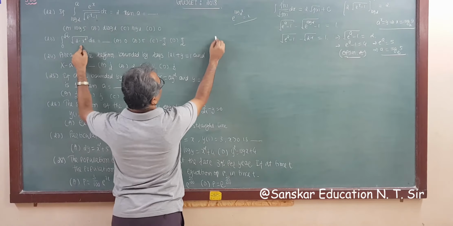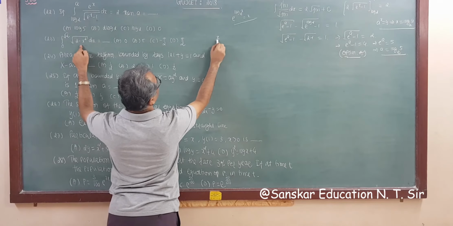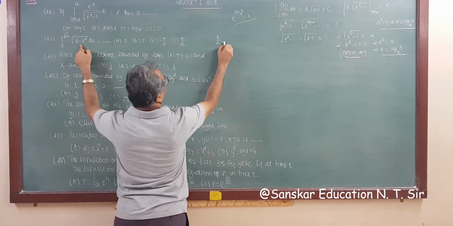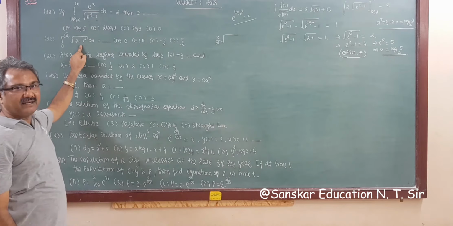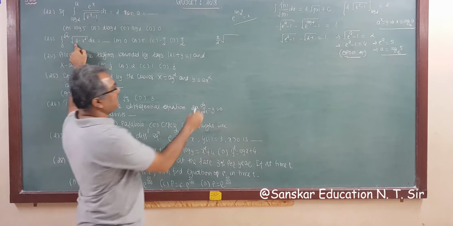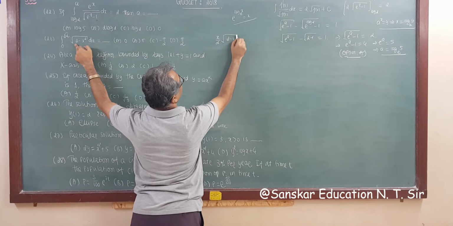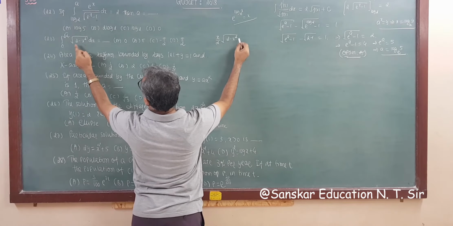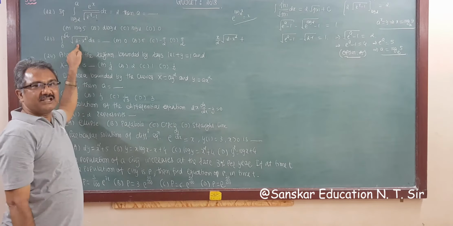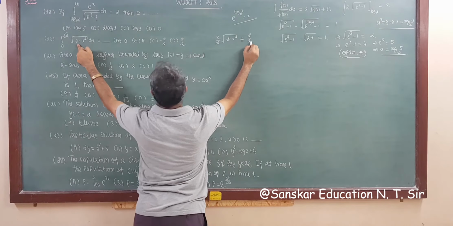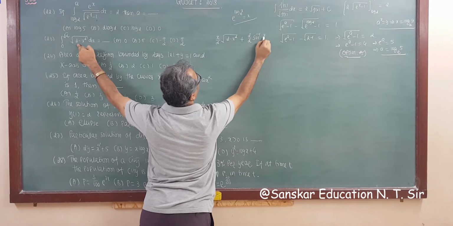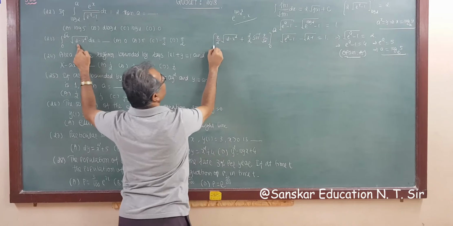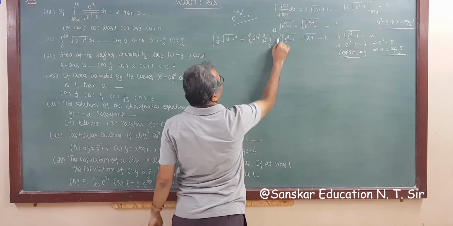So the answer is x by 2 under root a square minus x square, that is 2 minus x square as it is, plus a square by 2, that is 2 by 2 into sine inverse x upon a, that is x upon root 2, and the limit is from 0 to root 2. This is your answer, right.